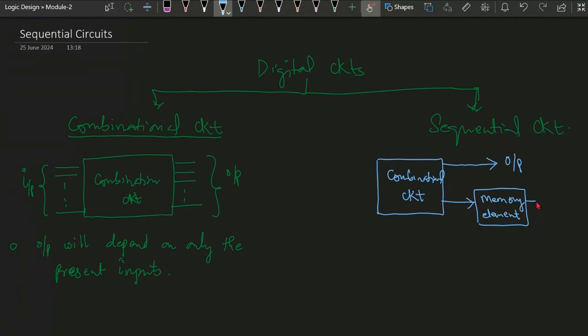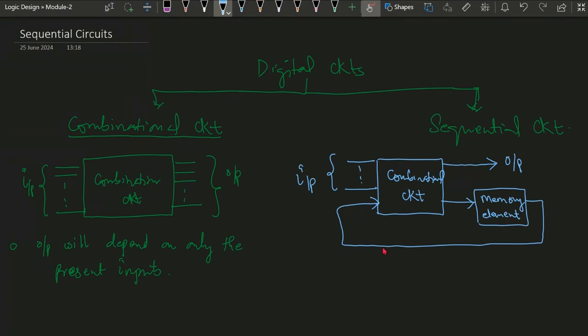This is also a type of output, but it is stored into a memory element. And next time, whenever we run this circuit, the stored output will behave as an input here. So there will be some inputs, that is for sure, along with the basic or present input. There will be some inputs that depend on the past output.